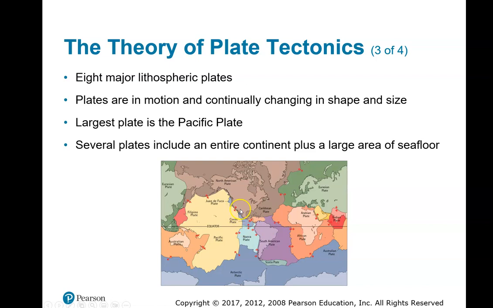If one plate is going to the south, like it's happening right here, there's a really famous fault line. The Pacific plate is going kind of to the northwest here, and the western North American plate is going to the south.